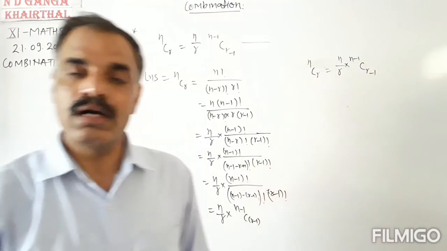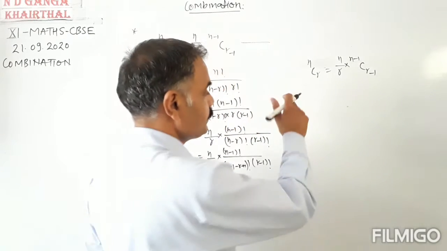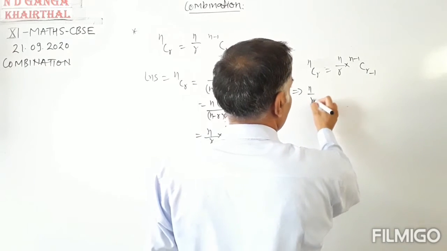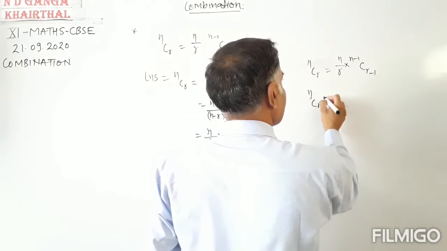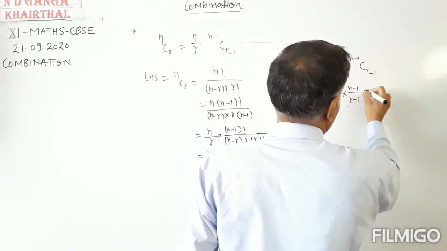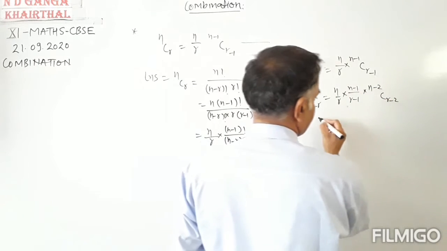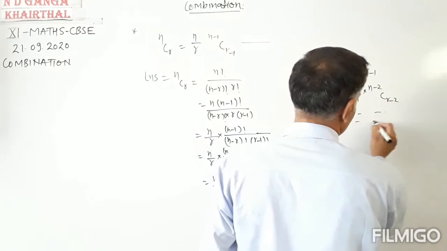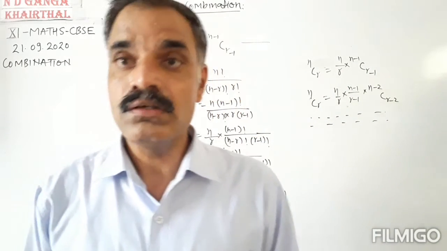This can also be written as nCr equals n upon r into n minus 1 upon r minus 1 into n minus 2 C r minus 2. Okay, and this can be generalized for a definite number of terms also.